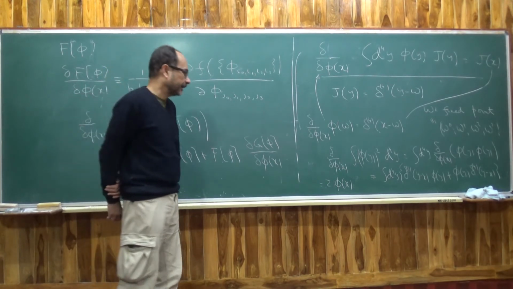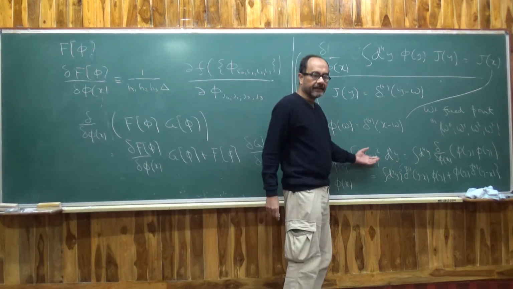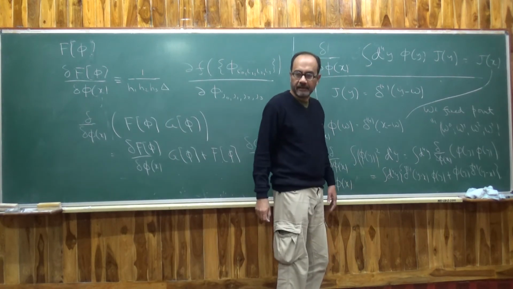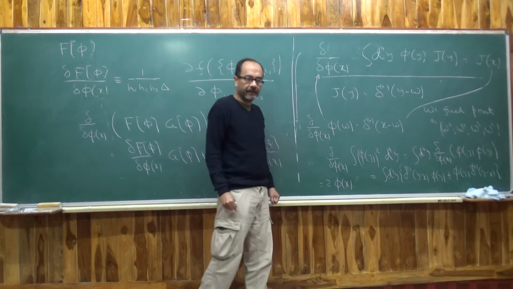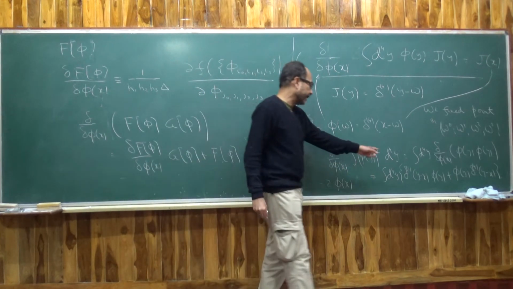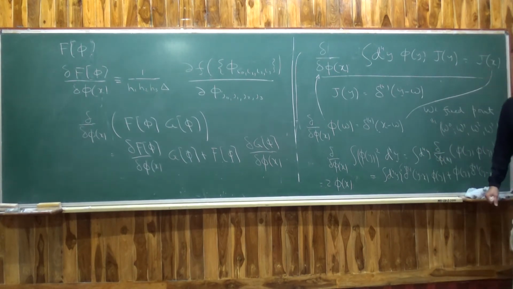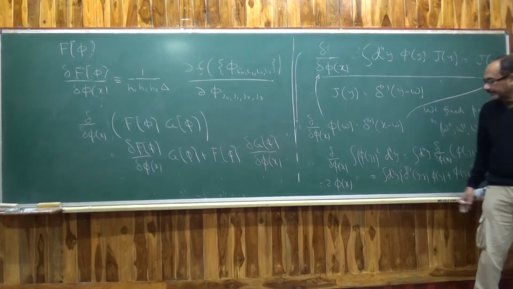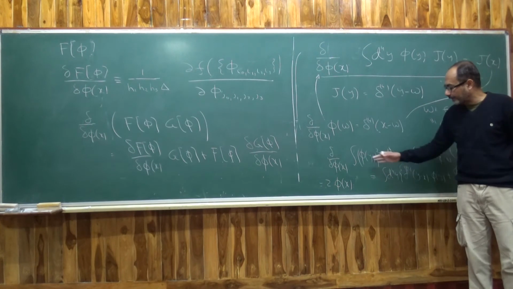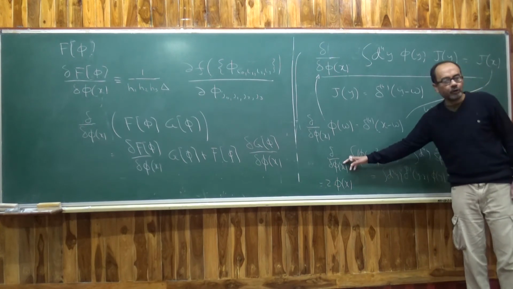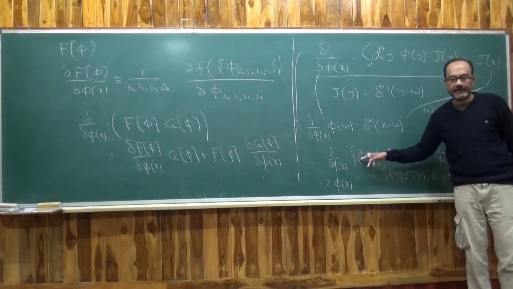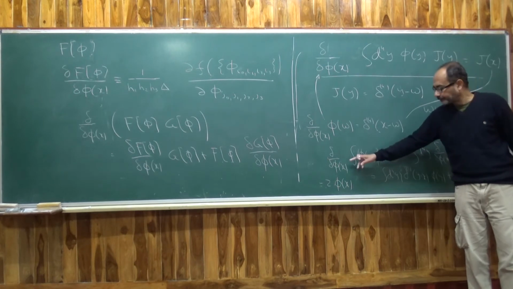You can try to consider more complicated examples and see how these derivatives are evaluated. Suppose you have a derivative, del mu of phi y, del mu of phi y. It's the same principle. The del mu with respect to y commutes with delta over delta phi of x, since y is just like an index.